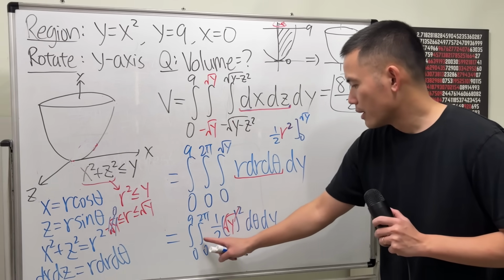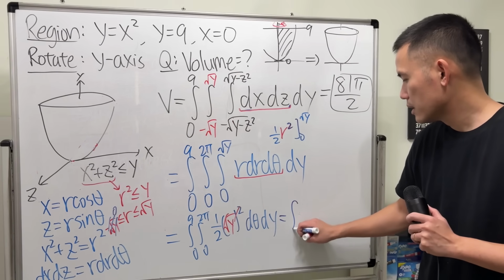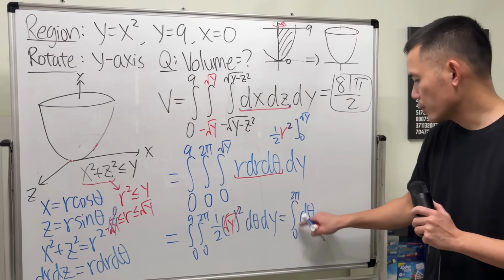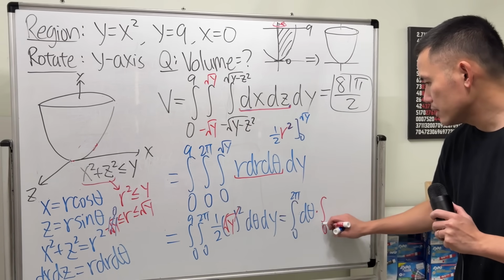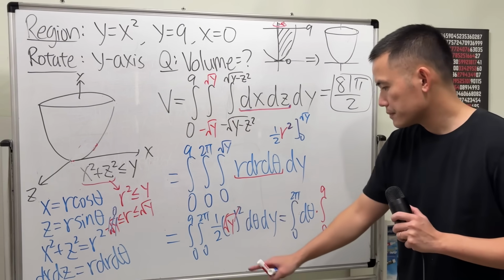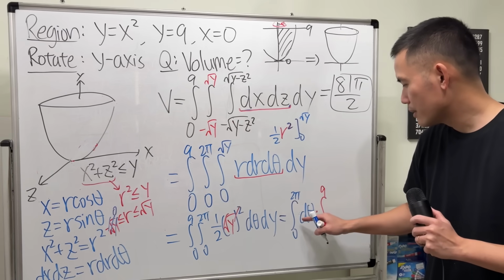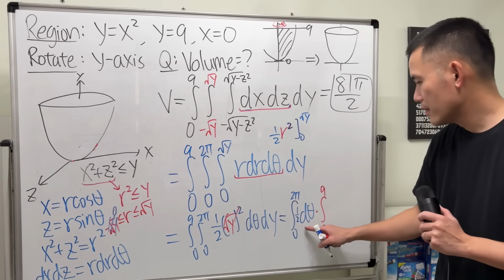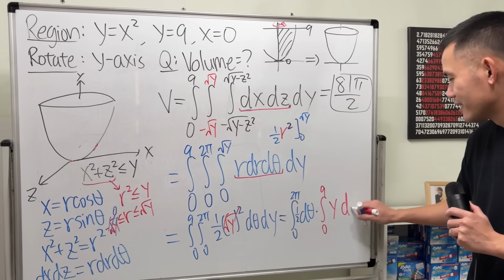Have a look. I'm going to put all the terms with theta first, which is 0 to 2 pi, and then d theta, integrating 1. And then the rest, which is multiplying with the integral from 0 to 9. We have the 1/2. But can I put a 1/2 in here? Yeah, this 1/2 here. And then I will have the y here. And then the dy here.